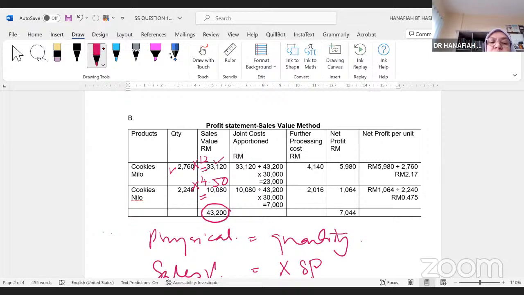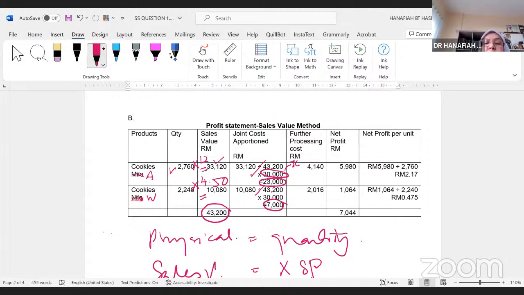So therefore, for cookies almond and cookies walnut: 33,120 divided by 43,200 times 30,000 joint cost, you get 23,000. And for cookies walnut, 10,080 divided by 43,200 times 30,000, you get 7,000.